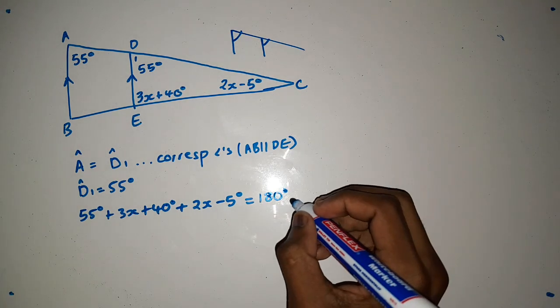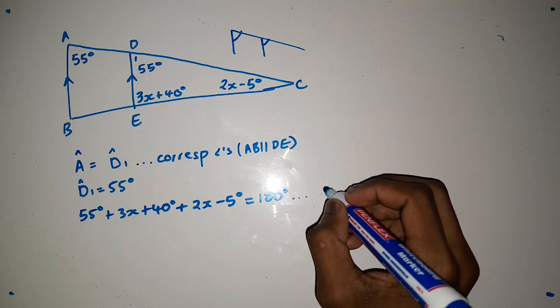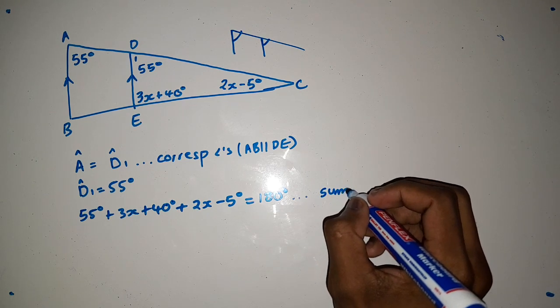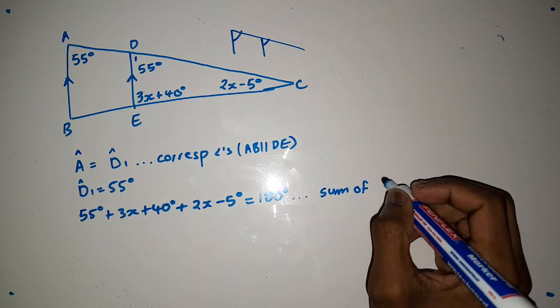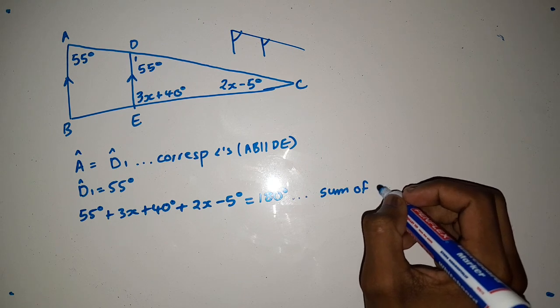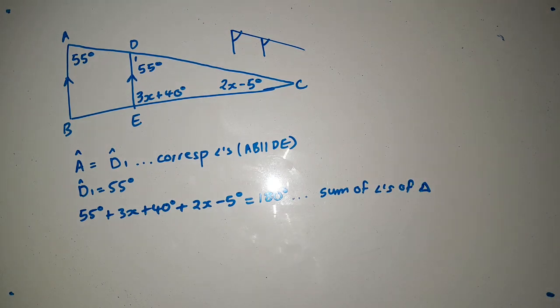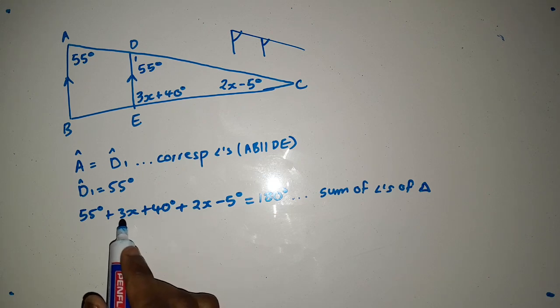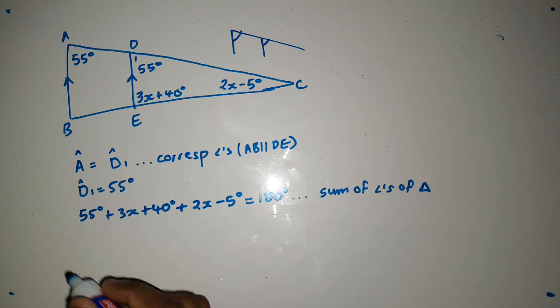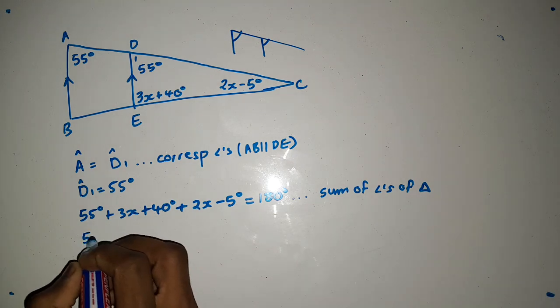Do you understand? Then we can then say the sum of angles of triangle. Then let us add. We have 3x plus 2x. We must get 5x.